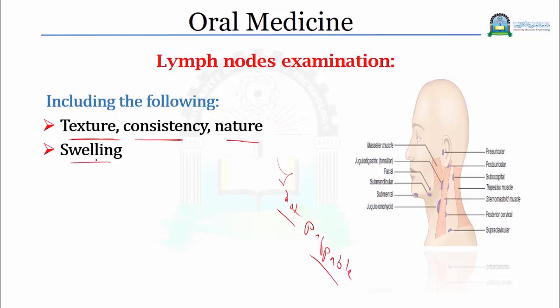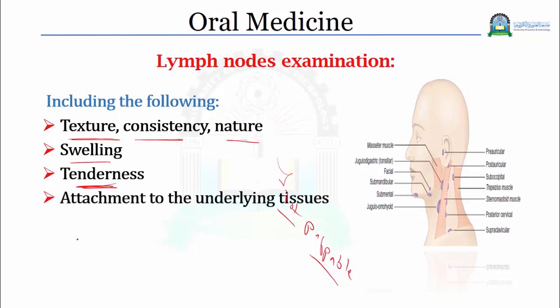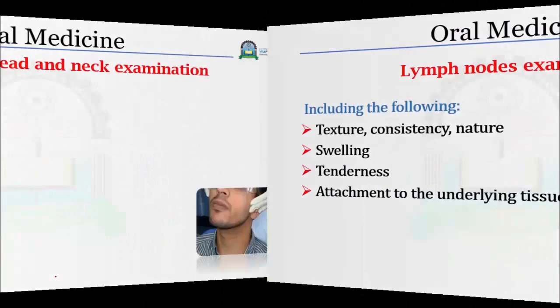Also you need to differentiate whether it is painful or painless, tenderness if the patient responds to the examination. Is this lymph node attached to the underlying tissue or not? If it is attached to the underlying tissue, what we call a fixed lymph node, it may indicate a serious malignant lesion.